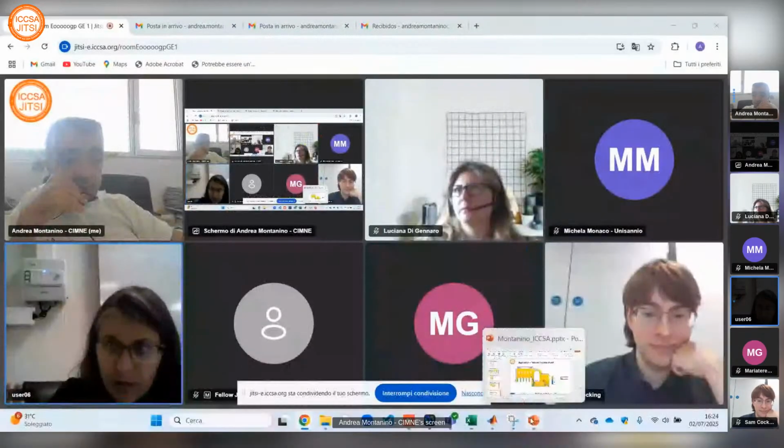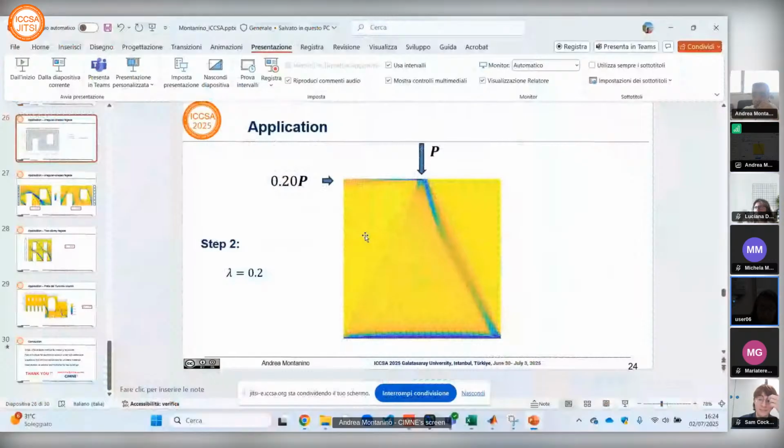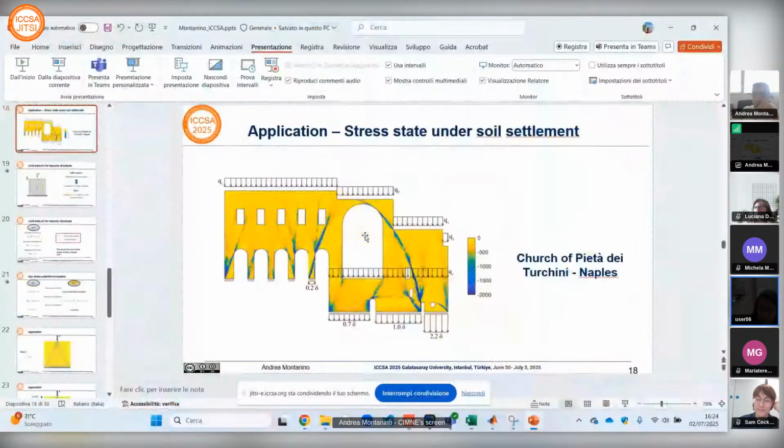Andrea, I also have a super quick question. You mentioned mapping from a square shape to any quadrilateral geometry, right? It's about mapping one type of mesh to another type of mesh. Is that what you meant?